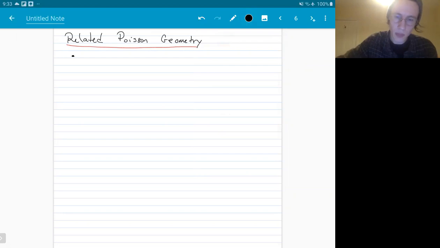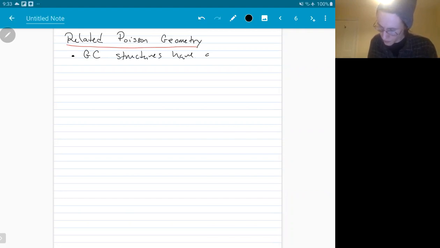At the moment I wasn't going to say too much, but if there's anything that I need to explain more, just interrupt me. So we already saw that generalized complex structures have associated real Poisson structures.